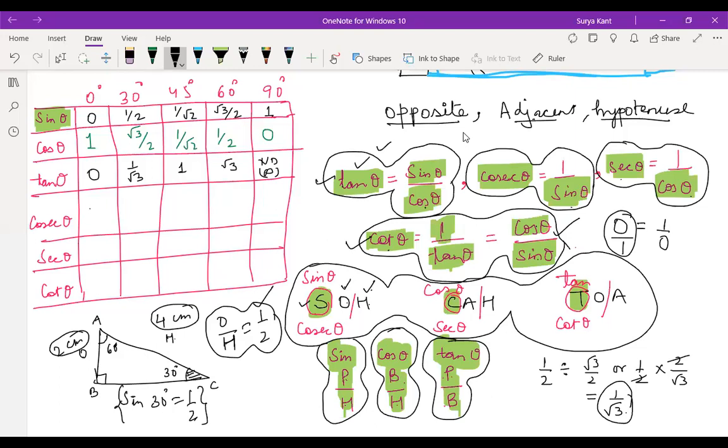And 1 by 0 is not defined. If the denominator is coming 0, this is not defined. Remember that, because 1 rupee is being divided among 0 people. It means a nonsense question. So not defined, or you can say infinity.